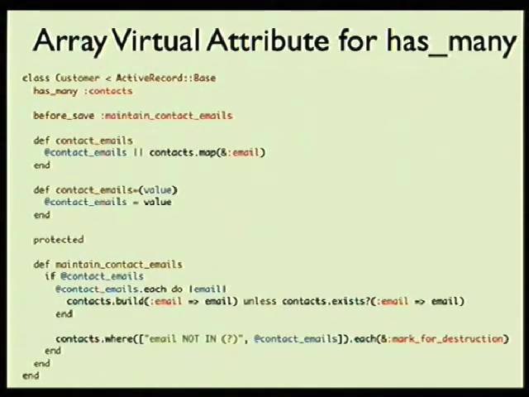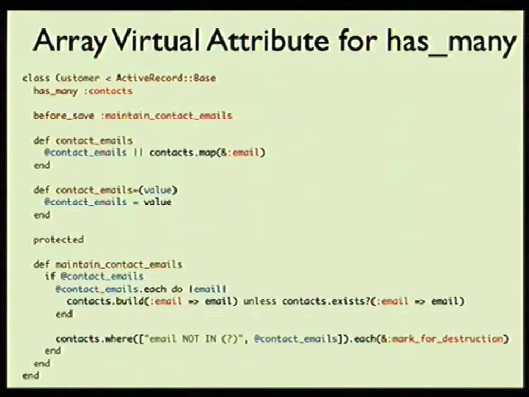So another technique for denormalization in your models is creating a virtual attribute that is intended to be an array. So say you have a model and you have multiple has many association, and you don't really want to deal with that has many association. It might be really simple. In this example, contact might just have a single email address column, for example, and it just makes sense to treat that as an array on your object. And you can do that with a virtual accessor.